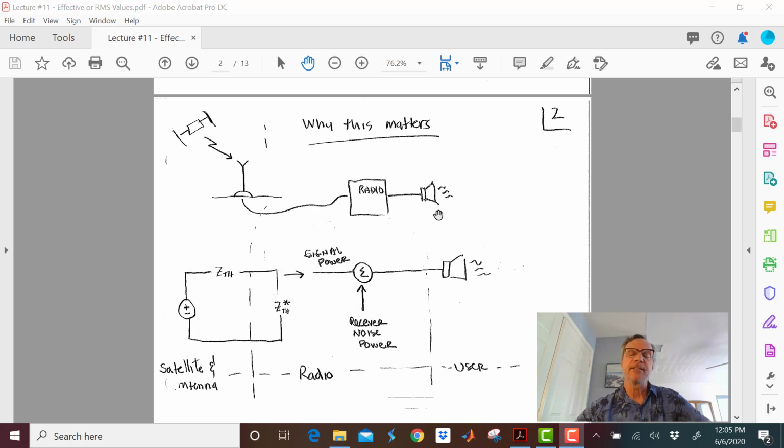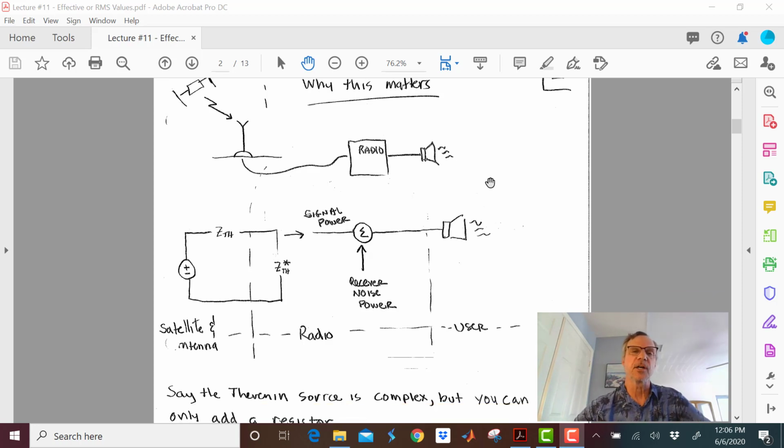But eventually it comes out as an audio signal or a text or something like that. So we have a satellite sending a weak little signal down to the antenna. The antenna picks it up, puts it in a wire, goes into the radio, and eventually it gets to something that tweaks one of our 5 senses.